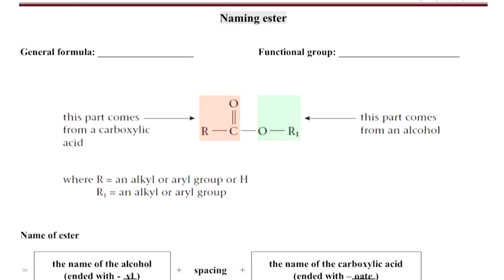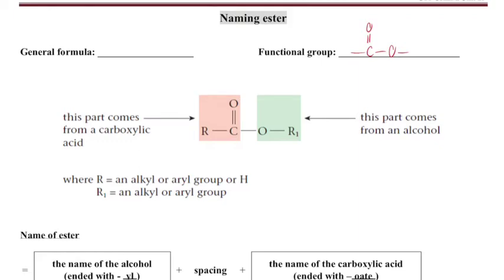Okay, the last type of organic compound that you are going to learn is called ester. So ester contains a functional group where the carbon is double bonded to an oxygen, and also single bonded to another oxygen, and that's the functional group for ester.